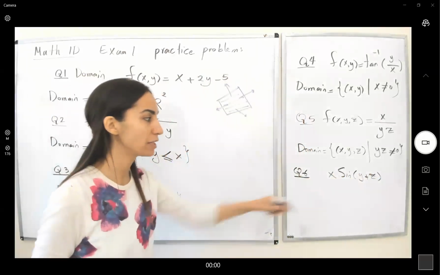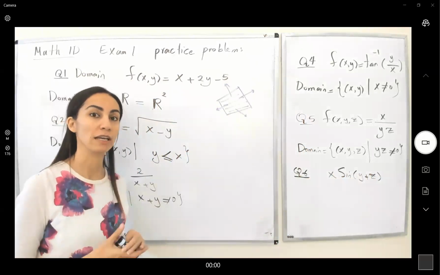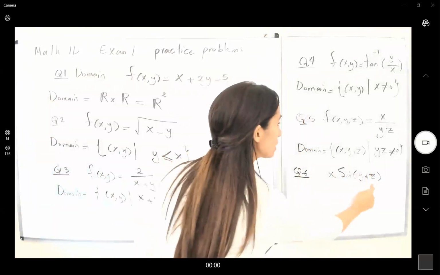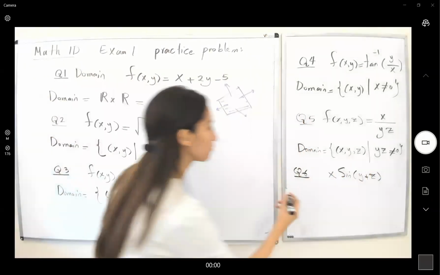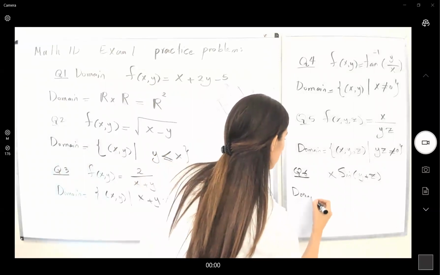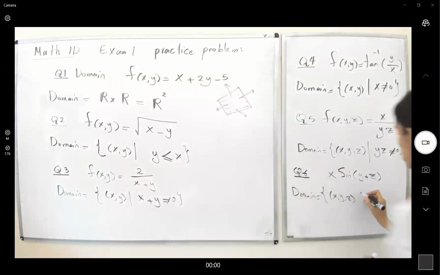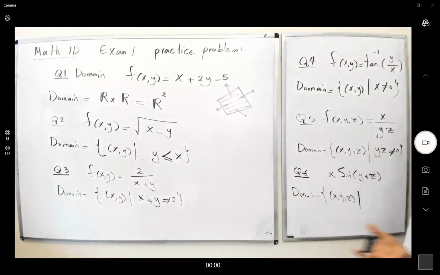Just note that this function is a function in four-dimensional space because it has three different free variables. So the domain of the function is equal to the set of points x, y, z such that all of these are free. X belongs to R, y belongs to R, and z belongs to R. So the domain is R Cartesian product R Cartesian product R, or R to the third power.